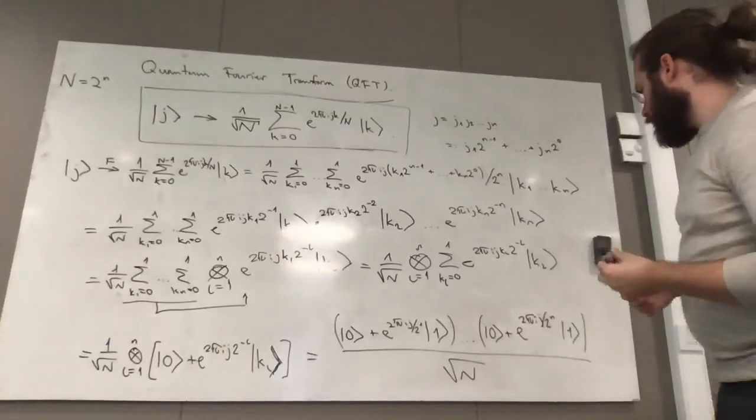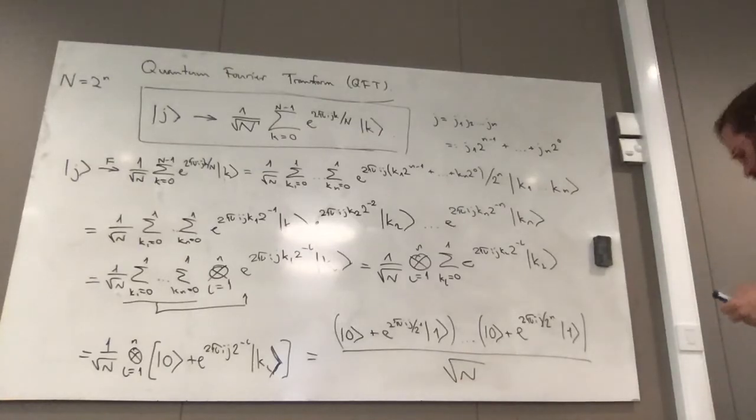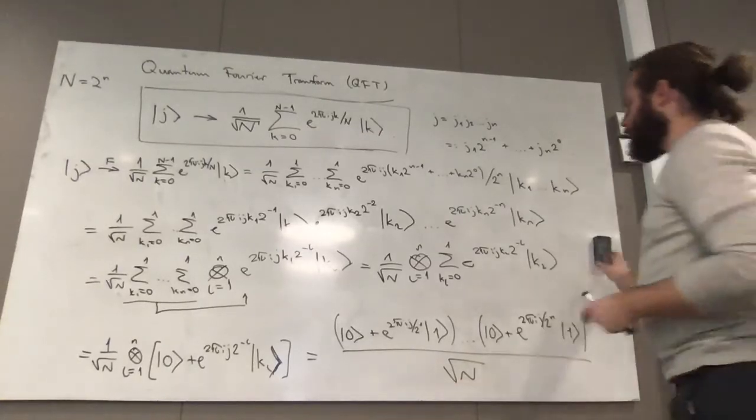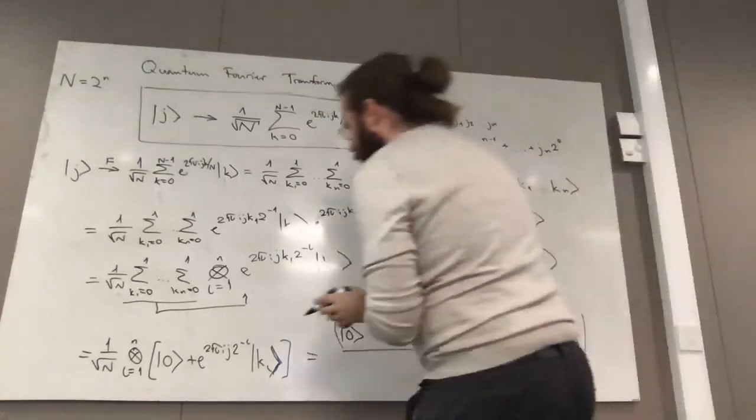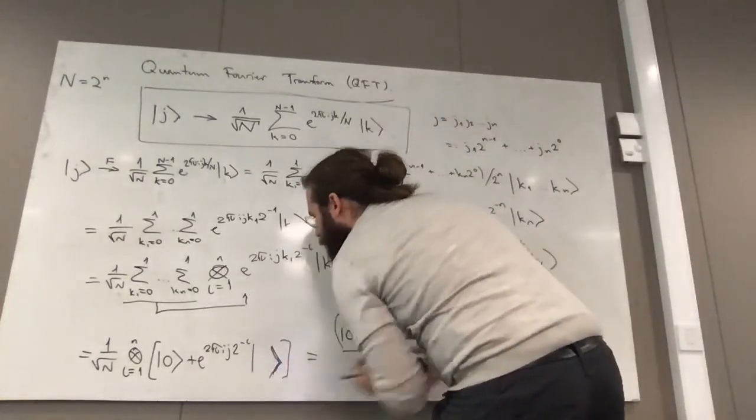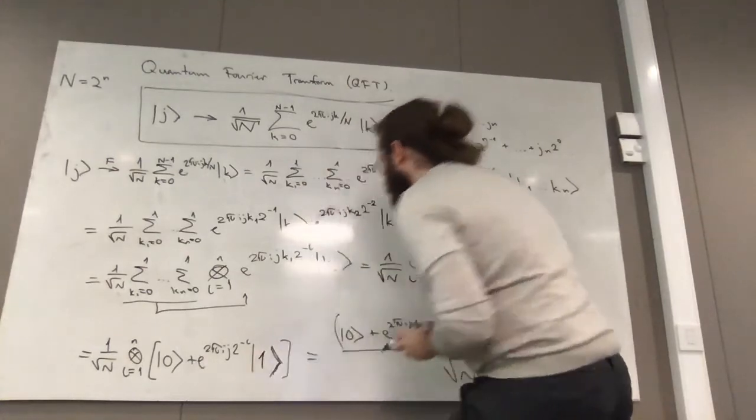So what happened with the k in the last step? Actually, it disappeared here, and I miswrote here. This is supposed to be 1.